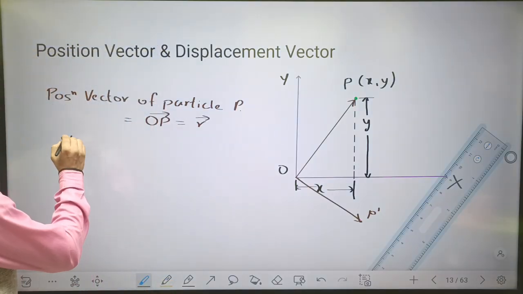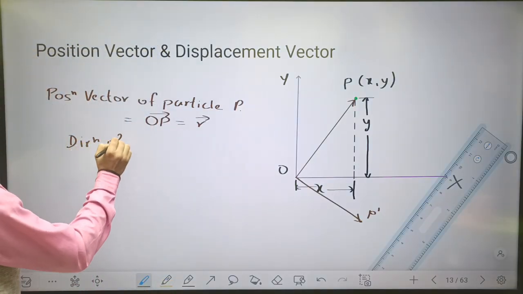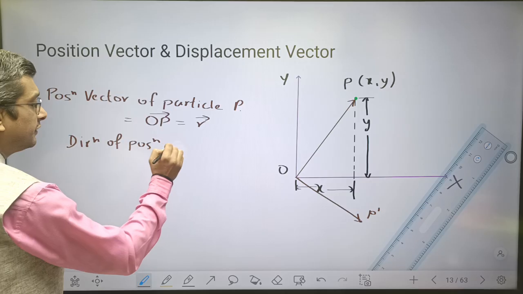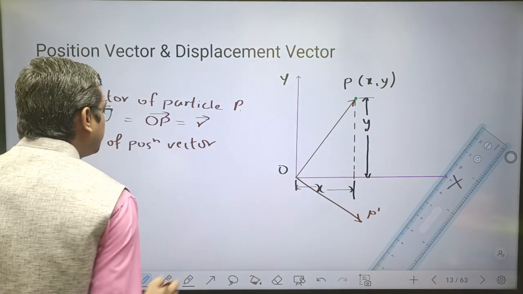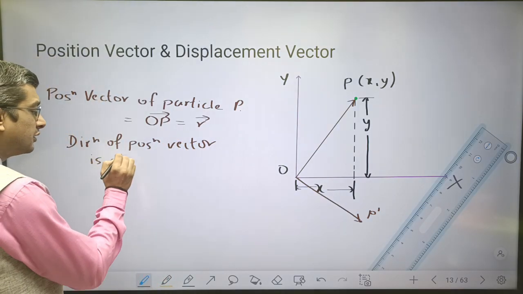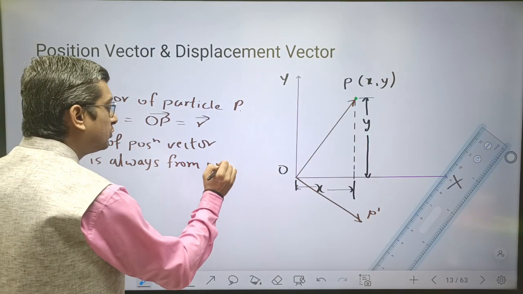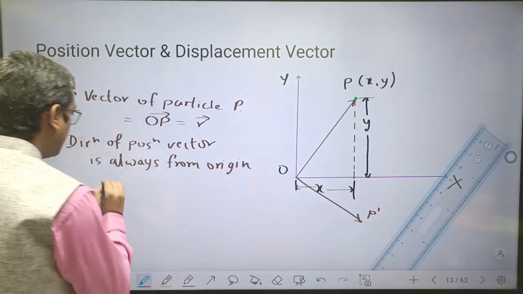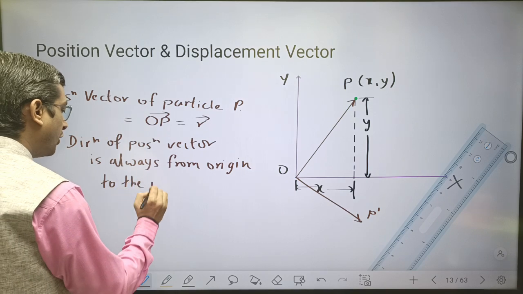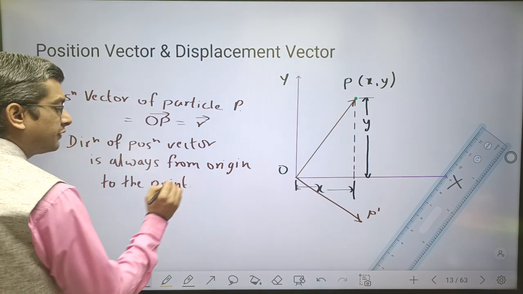So what happens? The direction of the position vector is always from the origin to the point. So this is the first.